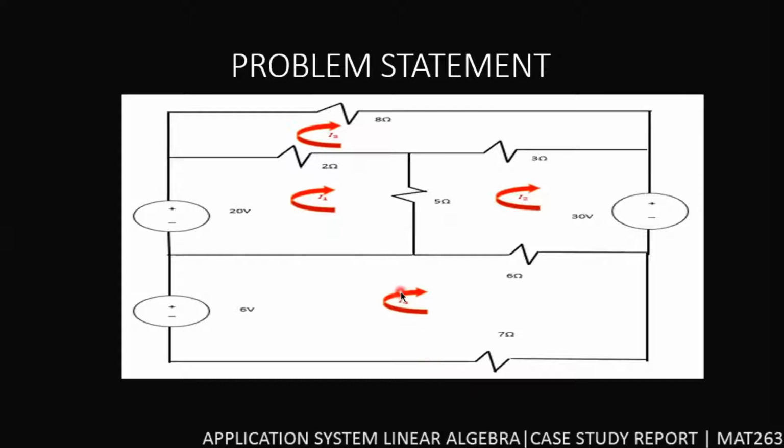Why must we divide the circuit into four? So it will be easier to position the values of resistance in matrices. Later we will present it in the method.